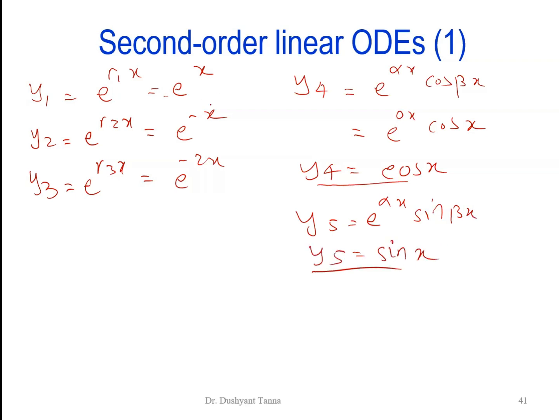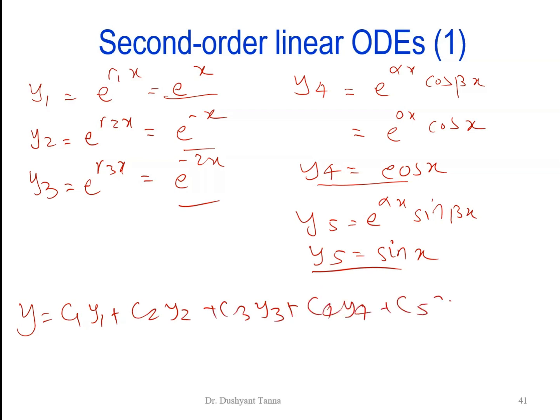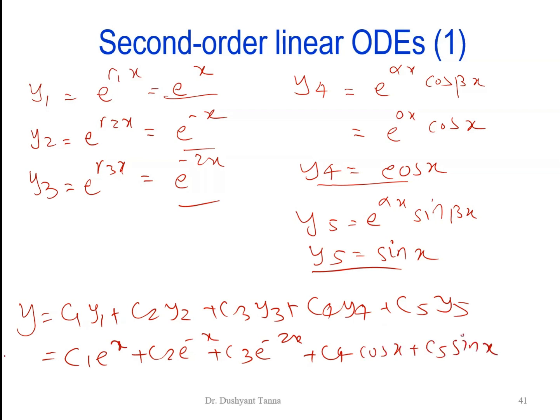Now the final job is to combine everything with constants c1 to c5. So my y is c1 y1, c2 y2, c3 y3, c4 y4, and c5 y5. c1 e raised to x, c2 e raised to minus x, c3 e raised to minus 2x, c4 e raised to, sorry, there is no e, c4 cos x, and c5 sin x.